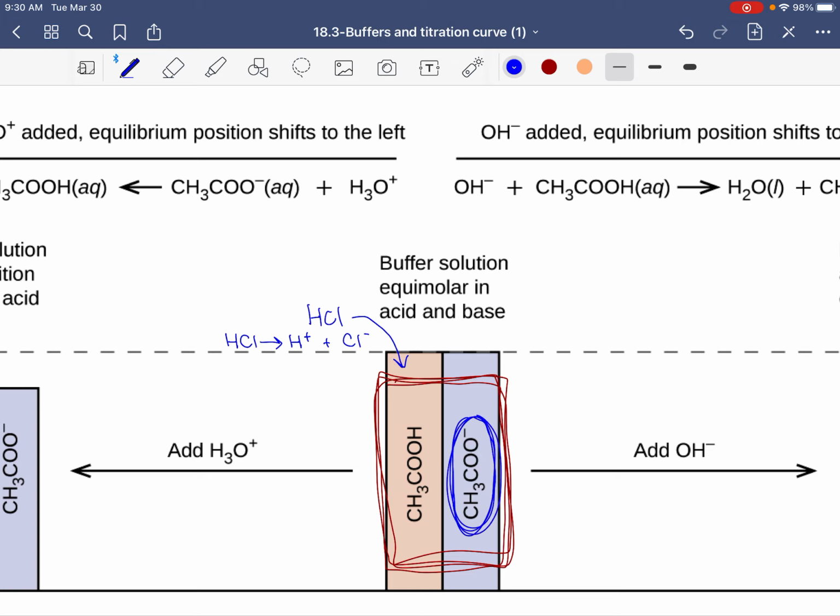Okay? Because the acetate will say, hey, what are you doing here? Well, guess what? I'm going to pick you up. By me picking you up, you are not messing around with the H plus concentration in this beaker, and you're not making my pH go down, because you and I will perform this reaction.